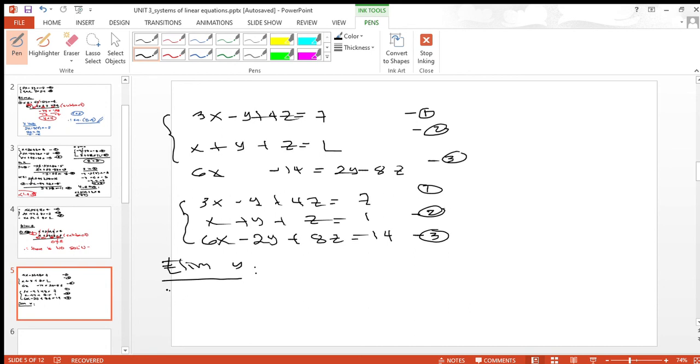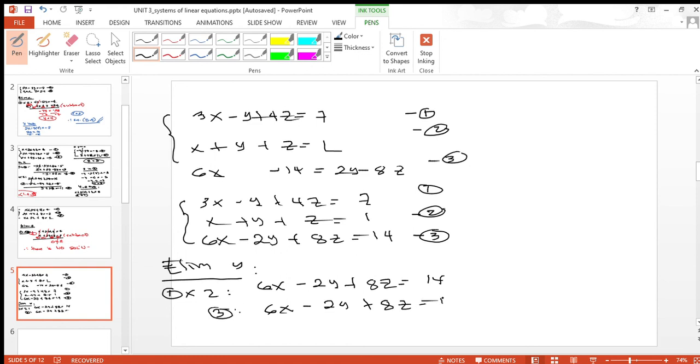So let's multiply equation 1 by 2 since we are eliminating y. That will become 6x minus 2y plus 8z equals 14. And then equation 3, we get 6x minus 2y plus 8z equals 14. So remember, we are eliminating y. So if we will eliminate y, let's subtract equation 3 from equation 1.